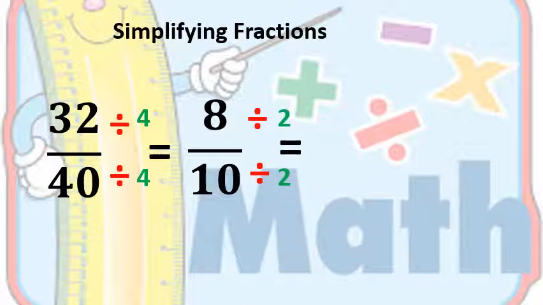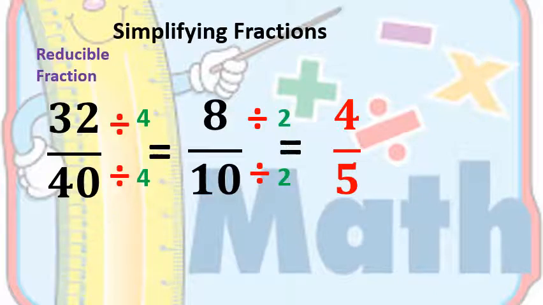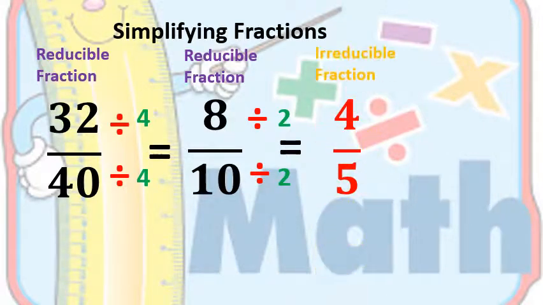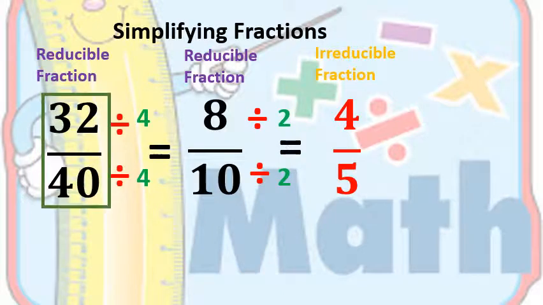So divide by 2, divide by 2, the answer is going to be 4 out of 5. So the first fraction is reducible, the second fraction is reducible because we could simplify it, and the third one is irreducible. So we have reducible and we have irreducible.